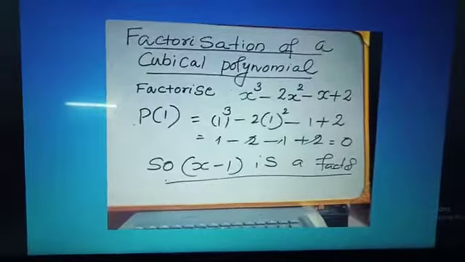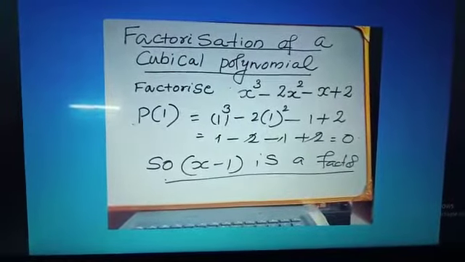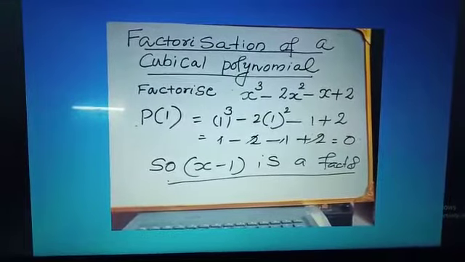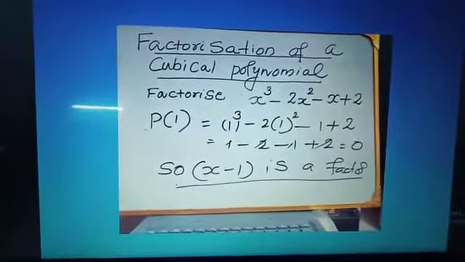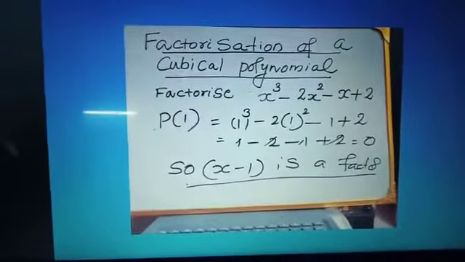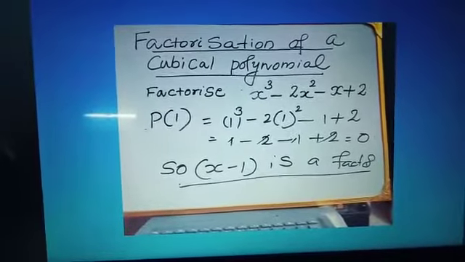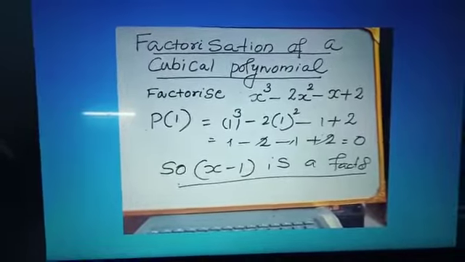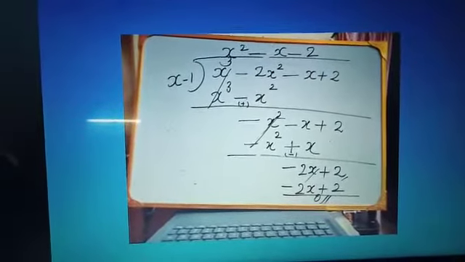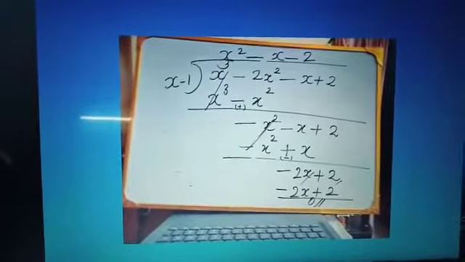Now x minus 1 is a factor. Take it as a divisor. And the dividend is x cube minus 2x square minus x plus 2. Divide it, because x minus 1 is a factor of this, so surely you will get 0 remainder. Divide by the long division method: x cube minus 2x square minus x plus 2 divided by x minus 1.